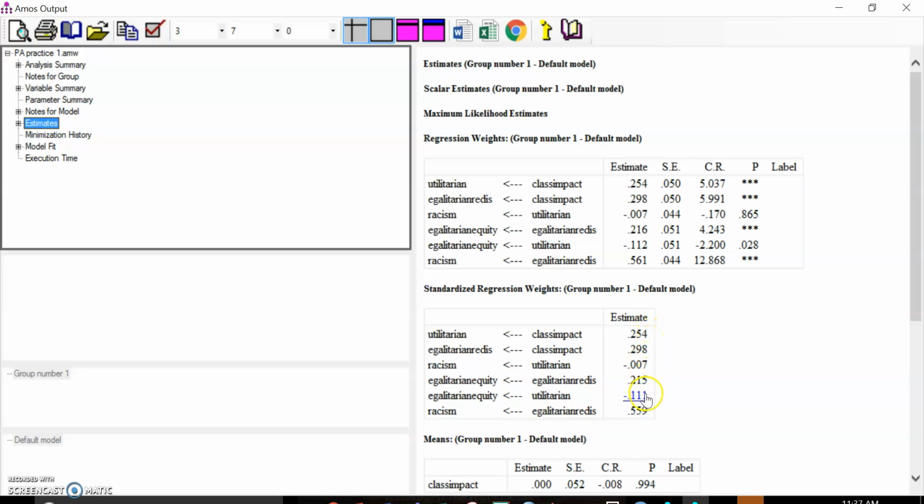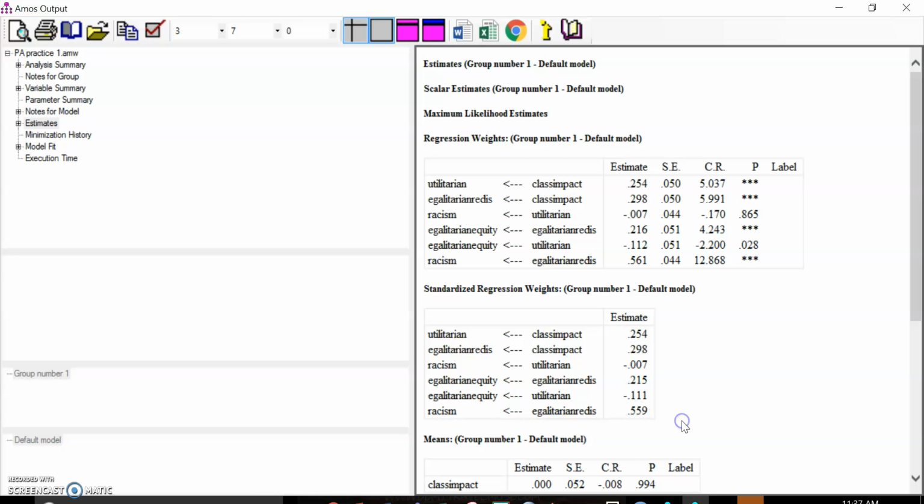This one has a negative relationship, so we have an inverse relationship, still important, still significant, but definitely the lowest impact compared to the rest of them. And this one at the bottom has the highest impact compared to all of these. So when we think about what is predicting racism in this case, this guy has the biggest impact on the model.